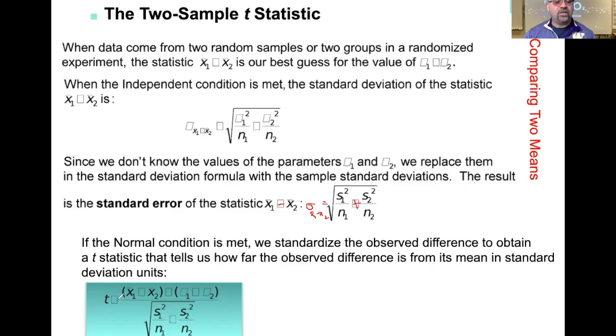And your t statistic down here equals x1 bar minus x2 bar minus mu1 minus mu2, over the square root of s1 squared over n1 plus s2 squared over n2. And that's how you come up with your t statistic if you're going to use t procedures instead.